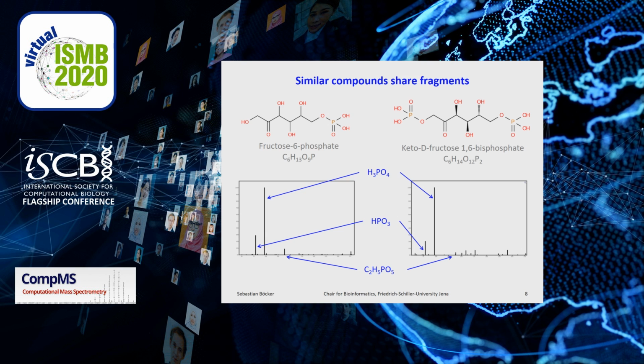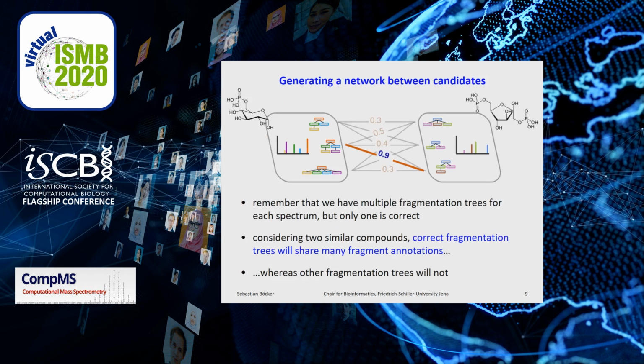In fact, the same is true the other way around for the losses, but I'm not going into the details of that. It's pretty much clear what you have to do for that. And that means we can now compare any two candidates. If this is the correct annotation for this spectrum, and this is the correct annotation for this spectrum, and these two are structurally very similar, then these two should share many annotations of fragments.